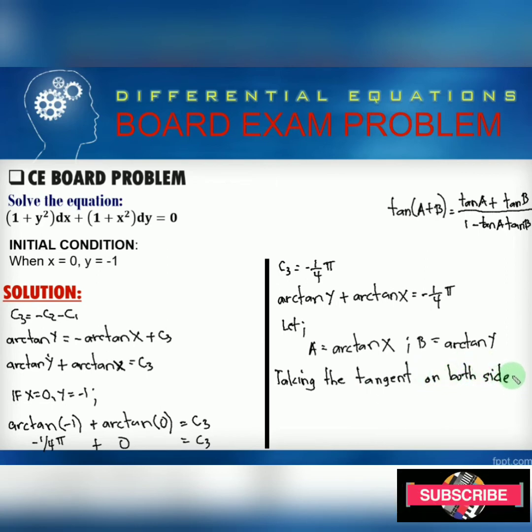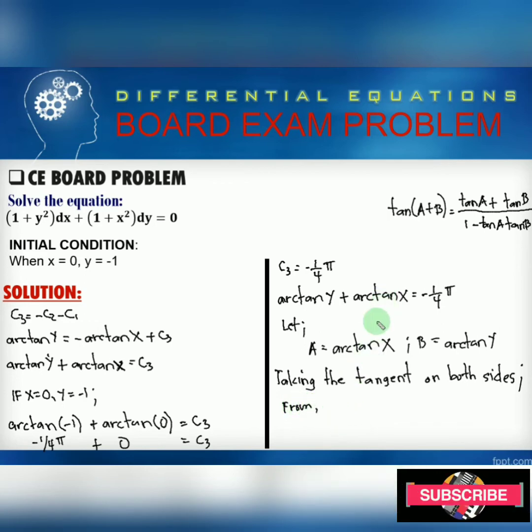We already assigned a equal to arctangent x, and our b equal now to arctangent y.